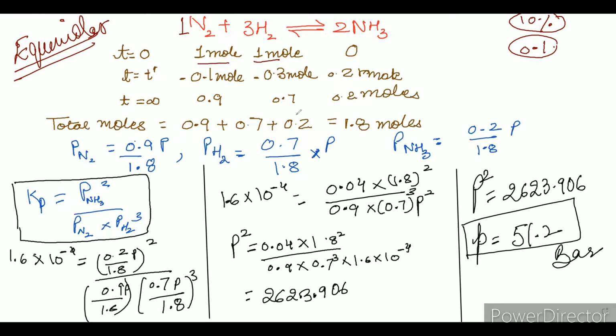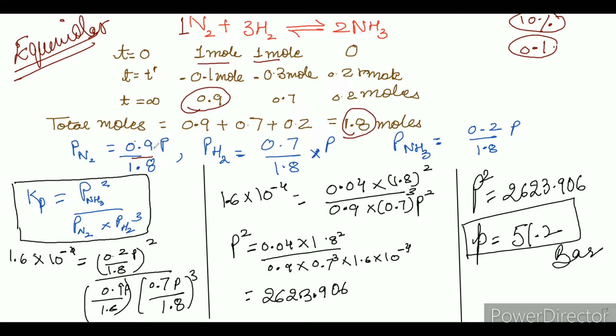Now, what are the total moles at T infinity? 0.9 plus 0.7 plus 0.2 is equal to 1.8 moles, right? Now let's find out the partial pressure of nitrogen gas. It will be the number of moles of nitrogen divided by the total number of moles. So the number of moles of nitrogen is 0.9 and the total number of moles is 1.8, into total pressure.